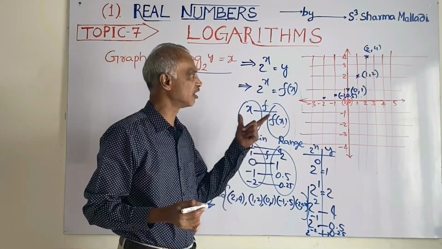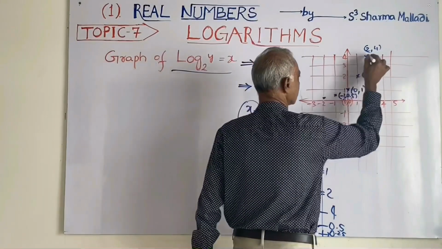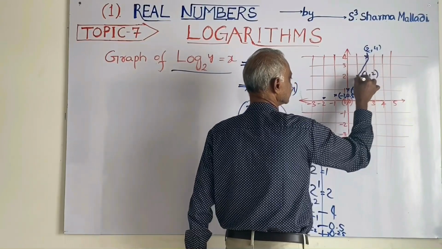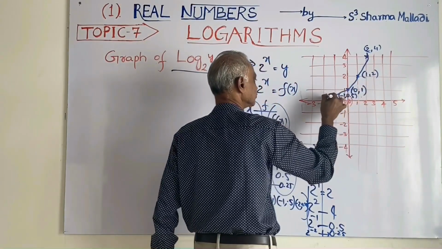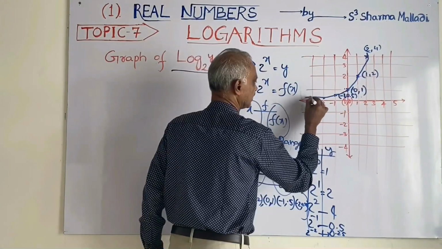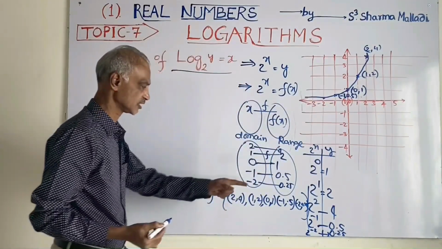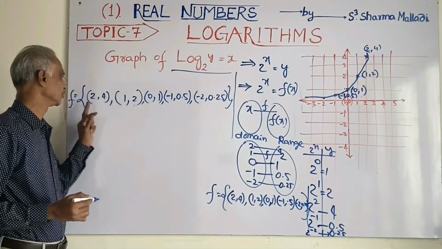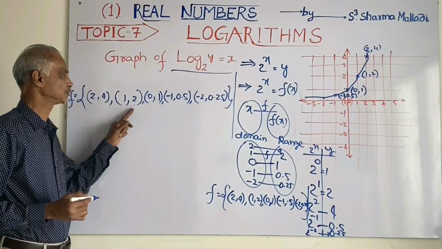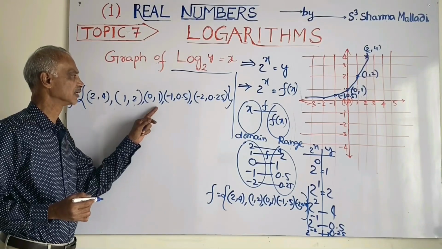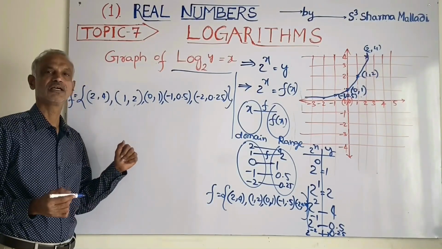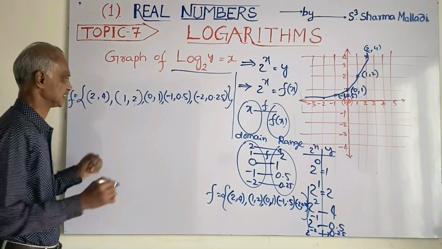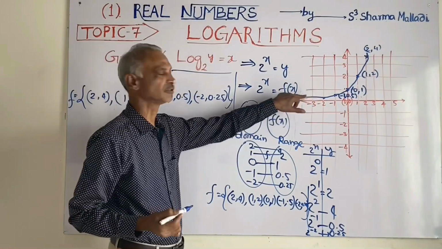You draw this graph. It is not touching the x-axis. You observe these points 2, 4; 1, 2; 0, 1. When the domain is decreasing, the range is also decreasing. This is approaching 0.